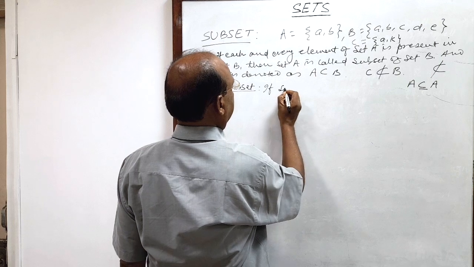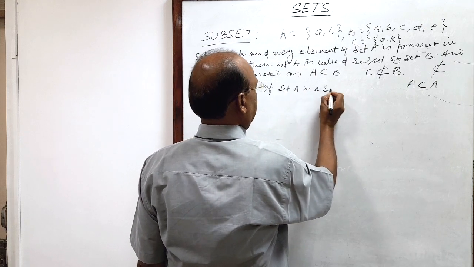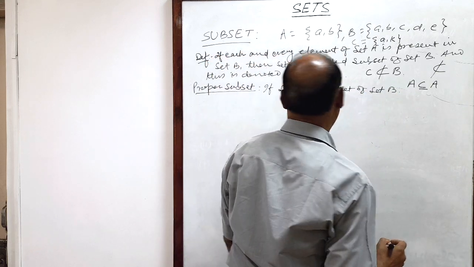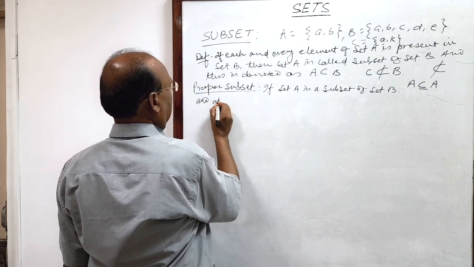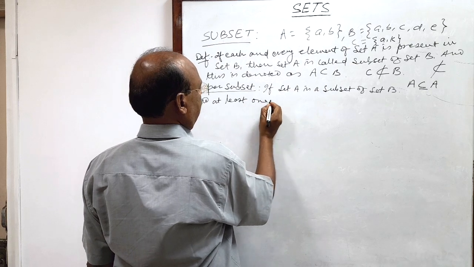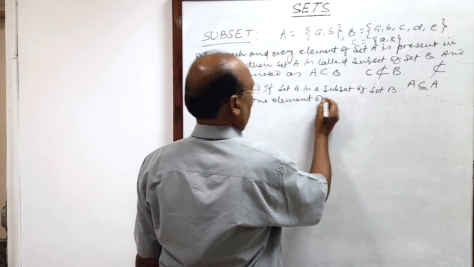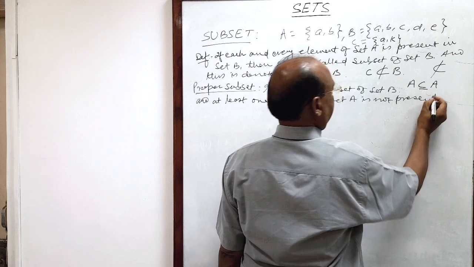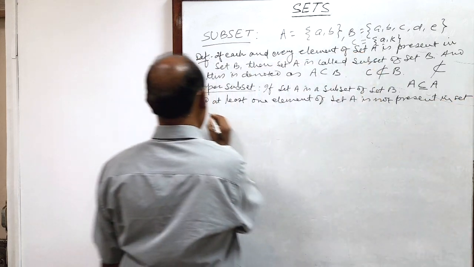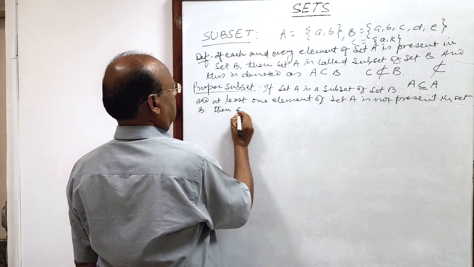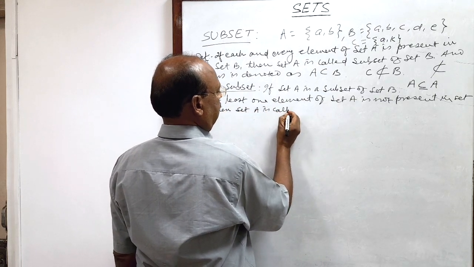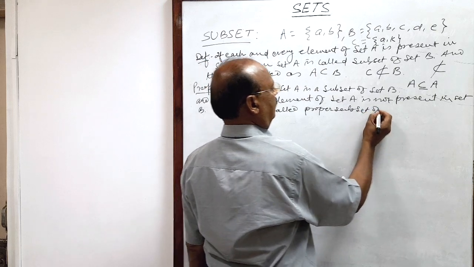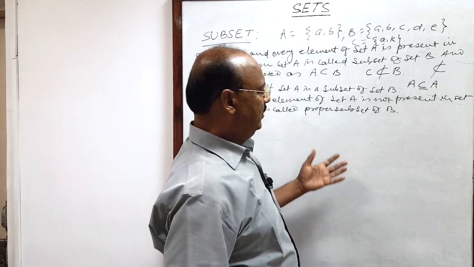If set A is a subset of set B and at least one element of set B is not present in set A, then set A is called proper subset of B. And there is no difference in writing.